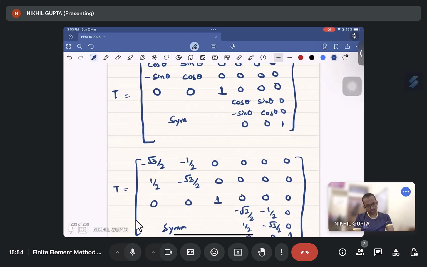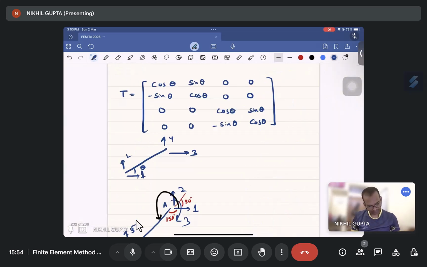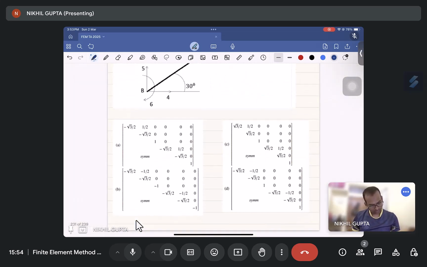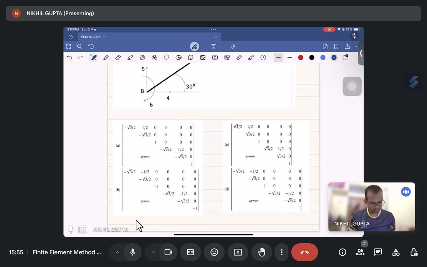Minus 1 by 2, root 3 by 2. This will be 4. Okay, here this is the answer because it's symmetric. So here it will be minus 1 by 2. But what is the difference in C and D? This it will not be this. So the answer is D.